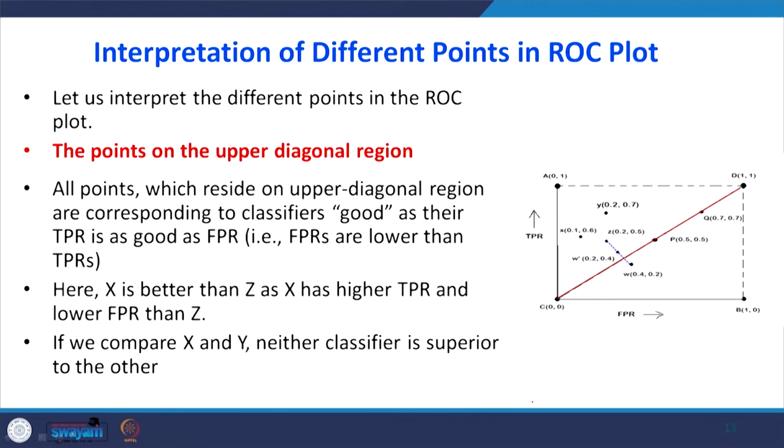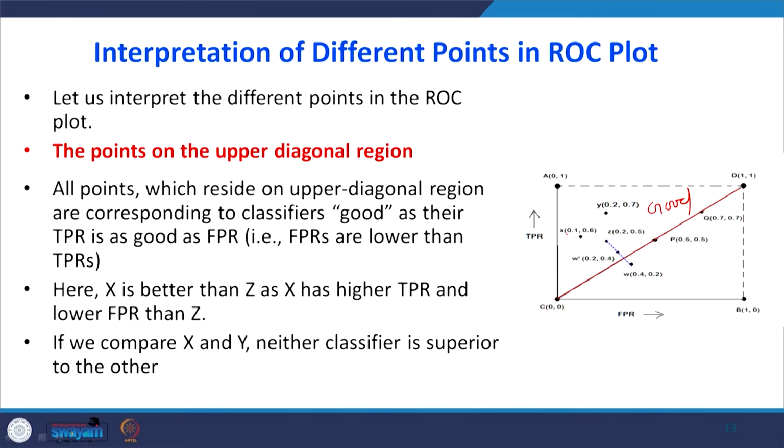Now look at different points inside the ROC curve. First we will look at the points on the upper diagonal region. All points which reside on the upper diagonal region correspond to good classifiers, because this portion is the good classifier. Their true positive rate is higher than the false positive rate, that is, the false positive rate is lower than the true positive rate.